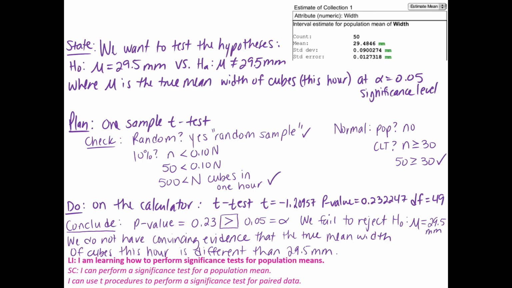So remember, our alternative hypothesis was just that it doesn't equal that, so it is different, whether that be greater than or less than. And that finishes our conclude there.